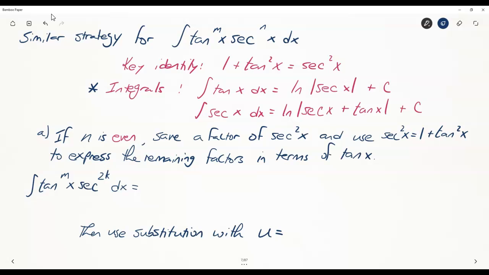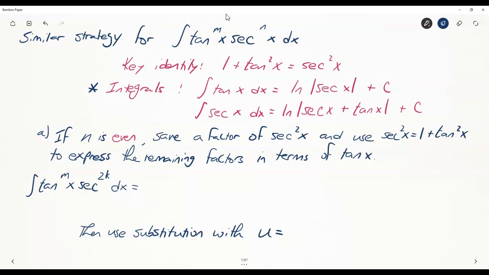Okay, so we're going to start this case much the same as we did for sine times cosine. Notice that in this expression, m is the power of tangent and n is the power of secant.